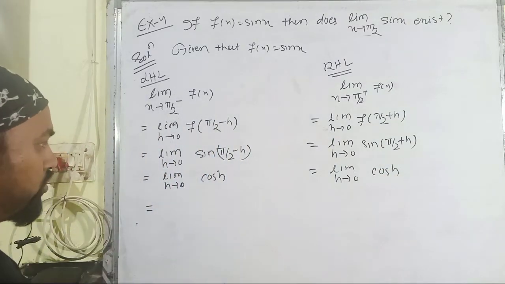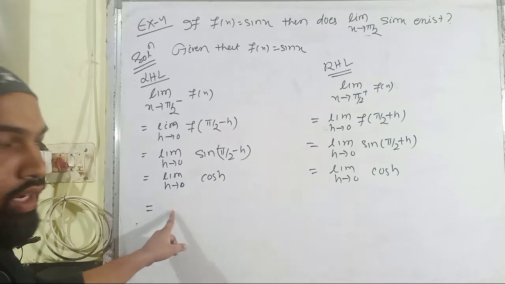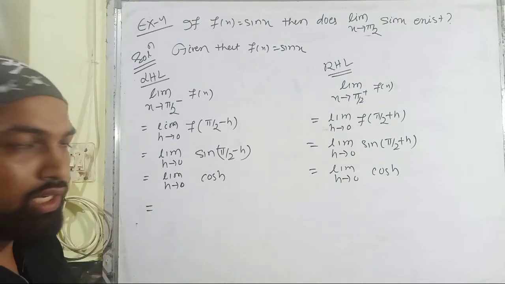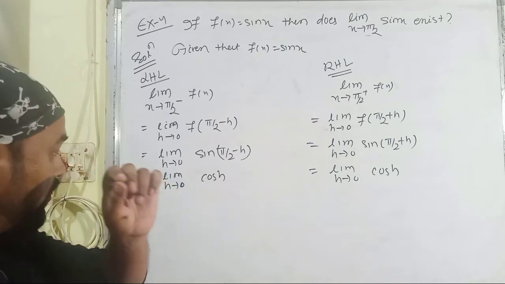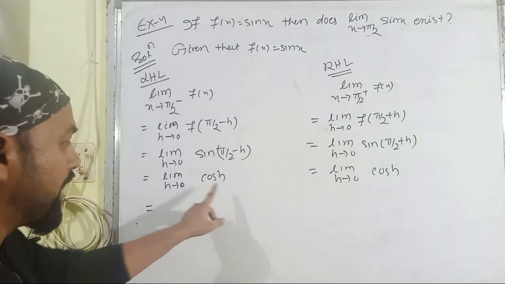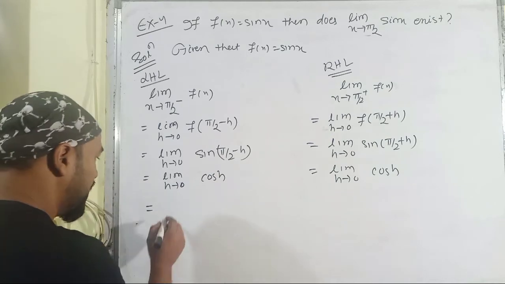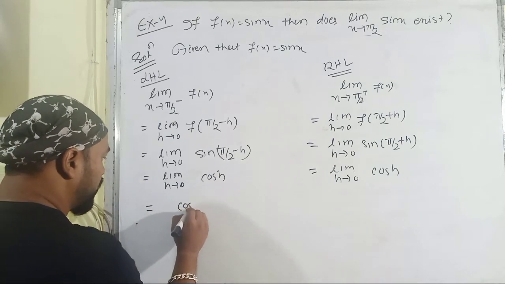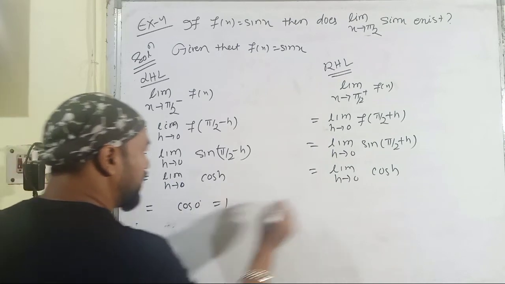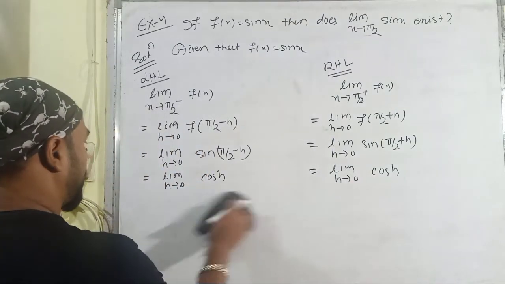As it is a trigonometric function, you can directly put the value here, as it is not in the indeterminate form. The most important thing is that it is not in the indeterminate form, so you can directly substitute the value of h here. So it is cos 0, that means it is 1. Similarly here it is also equal to 1.